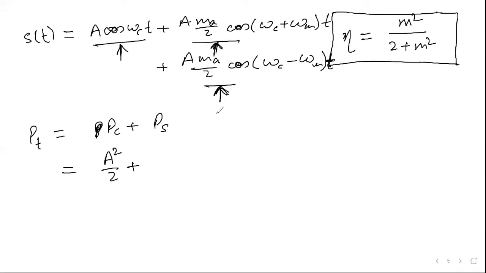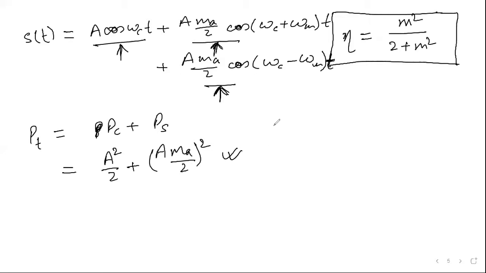From both of these parts, we can calculate the sideband power as A ma by 2 the whole square. We have seen this in the earlier class also.